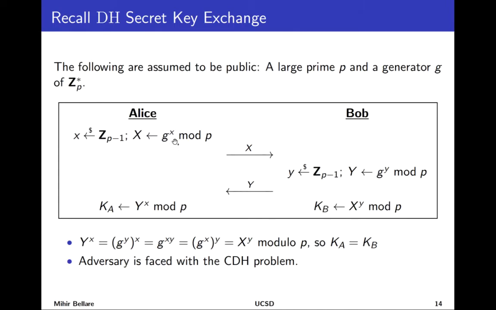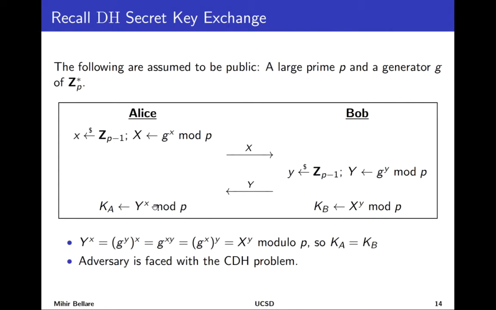She then raises g to the power x mod p via our mod x algorithm to get big X and sends that over to Bob. Bob likewise picks a random exponent y, raises g to the power y to get big Y and sends big Y over. The shared key is this quantity here, g to the power little x little y. All these computations, of course, being modulo p, since that's the group we're working in.